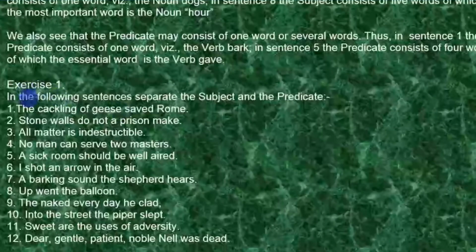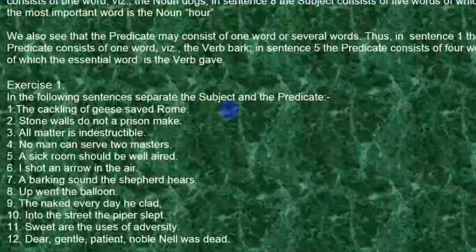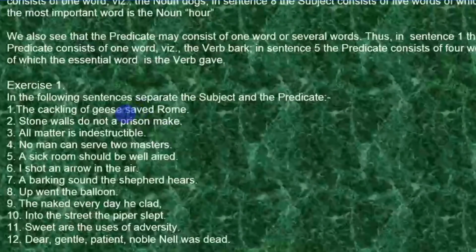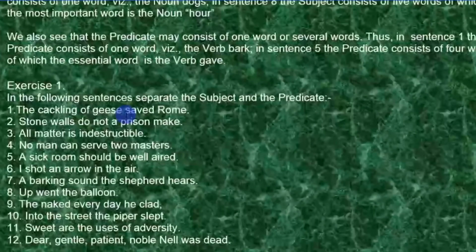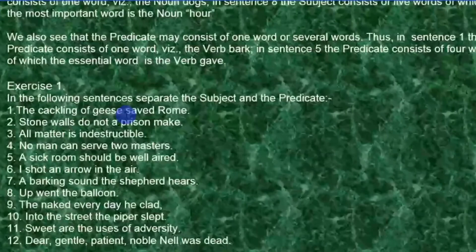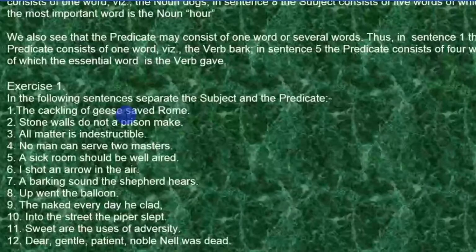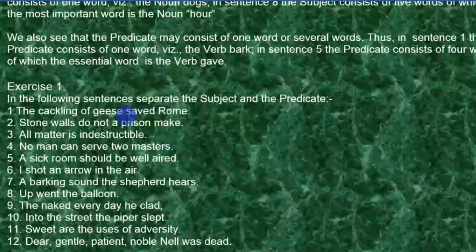In this first exercise, we have to separate the subject and the predicate. As I have told you, our predicate always starts with the verb. So if you really want to understand where the predicate is, you must have the ability of finding out where the verb is.